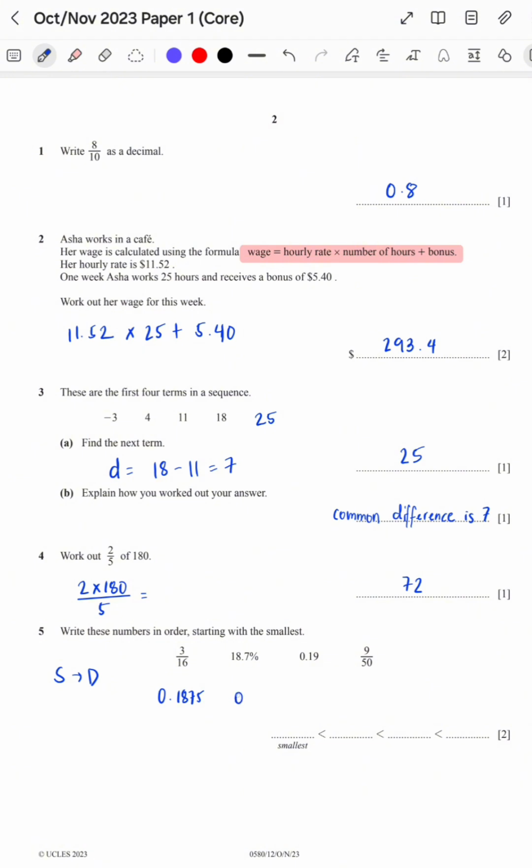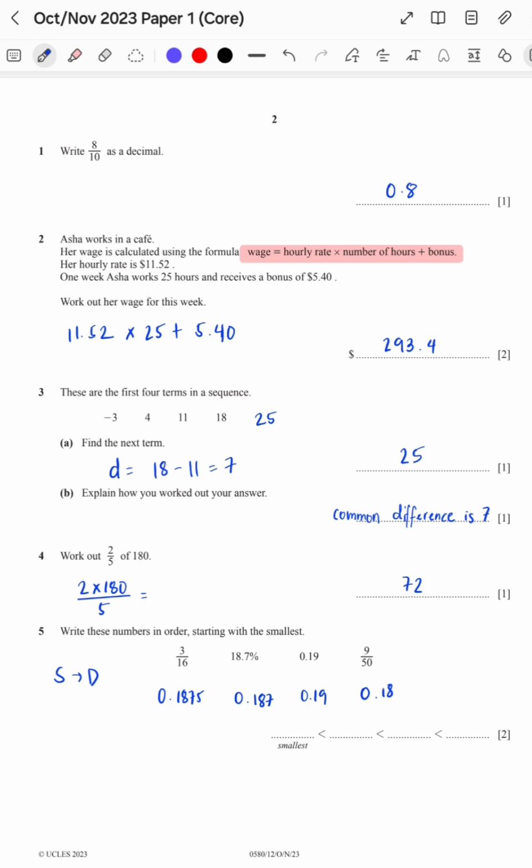18.7% is also equivalent to 0.187. 0.19 is already in decimal, and 9 divided by 50 is 0.18. So let's rearrange, and make sure you use the given.